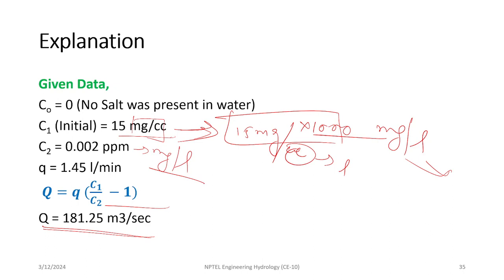The first one was the current meter. With the current meter we were getting the velocity value, and at the same time we were getting the depth of water, because the current meter assembly always comes with a rod. Yes, I also got 181.25.